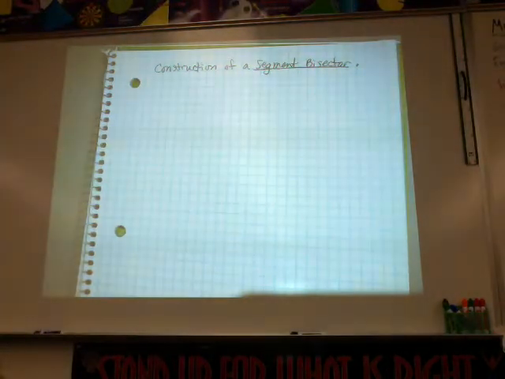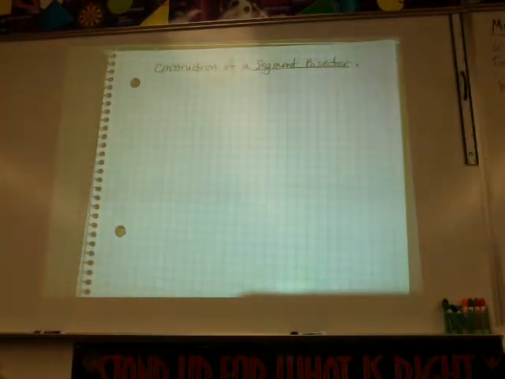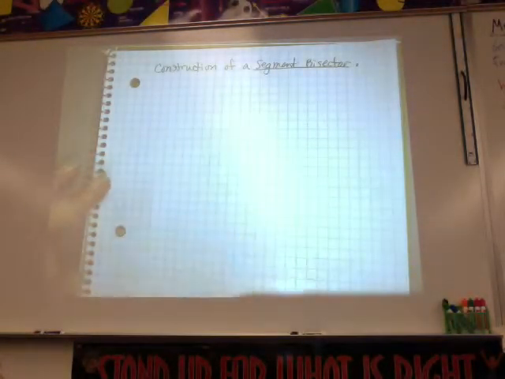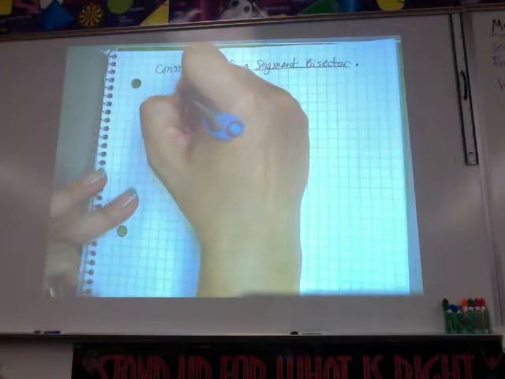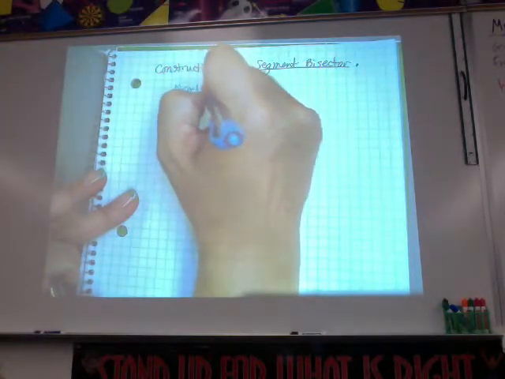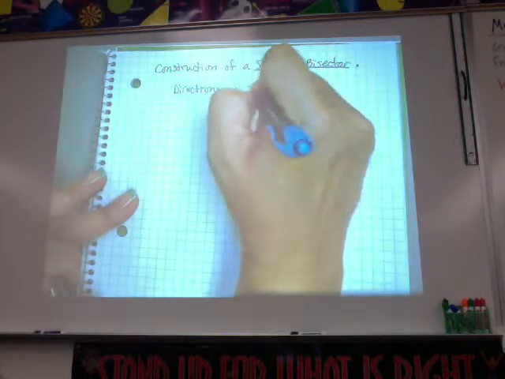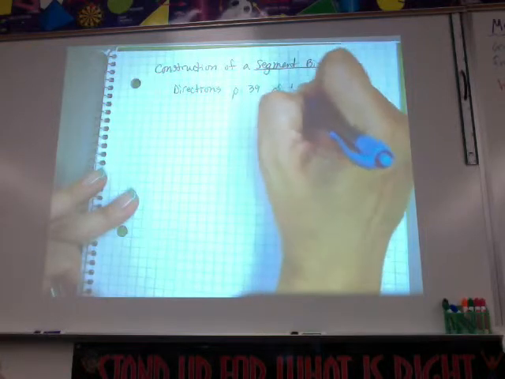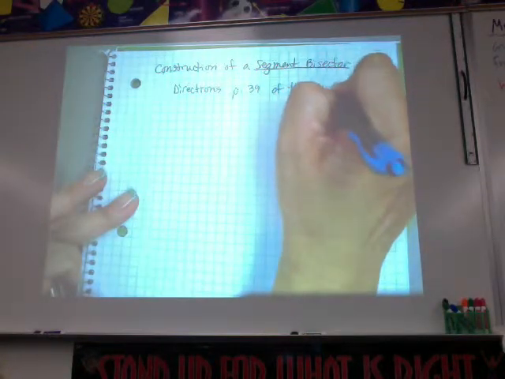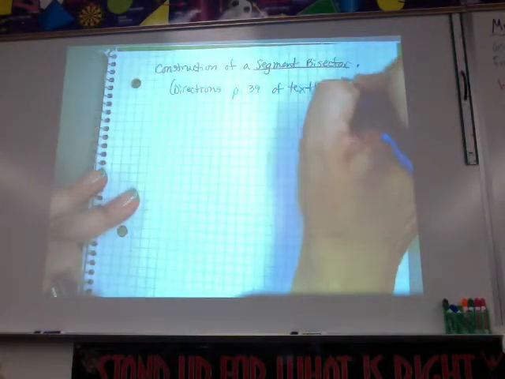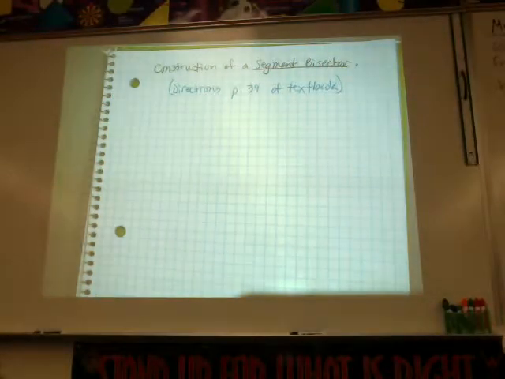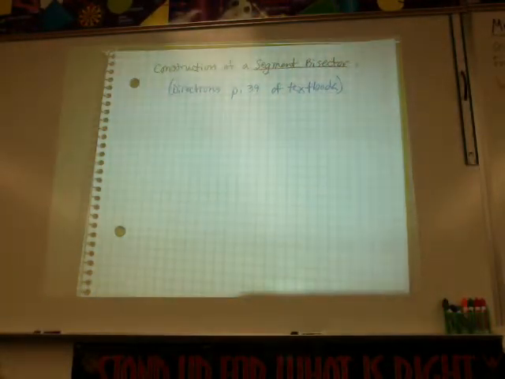I can make you construct a congruent segment to another one and then make you bisect it. The directions for this, in case you need to look them over, are on page 39 of the textbook. But we're going to go through them together.